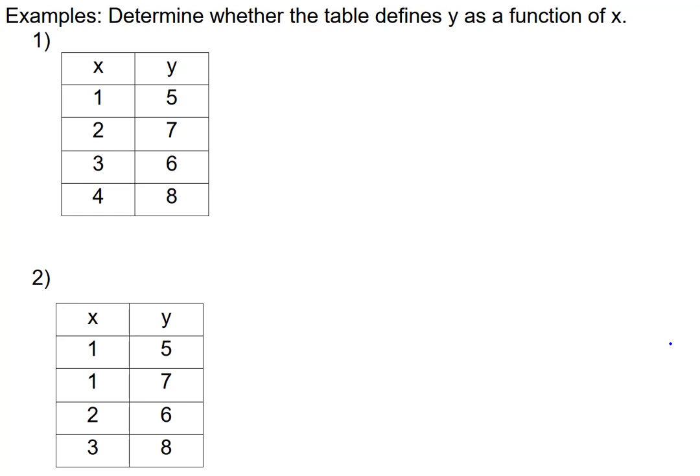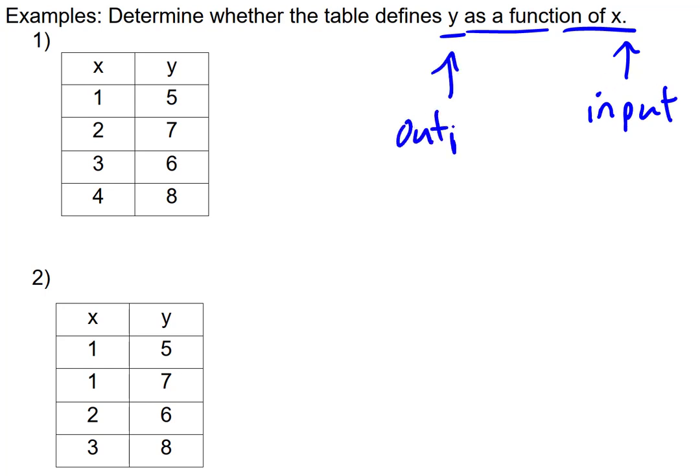These examples say, determine whether the table defines y as a function of x. There's a key phrase here when we say y as a function of x. It's telling us that the x is the input and the y is the output.